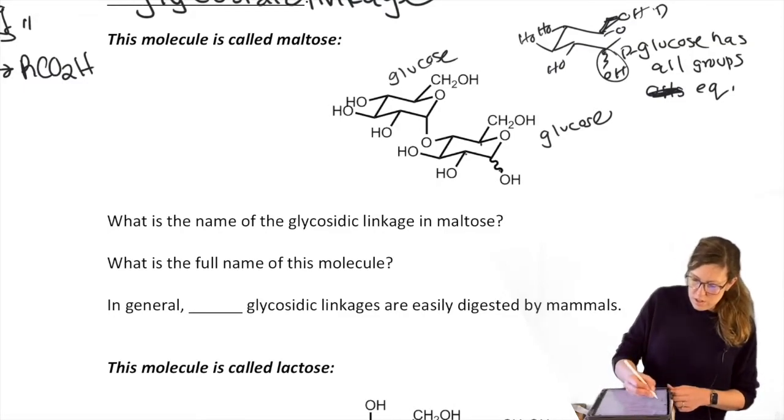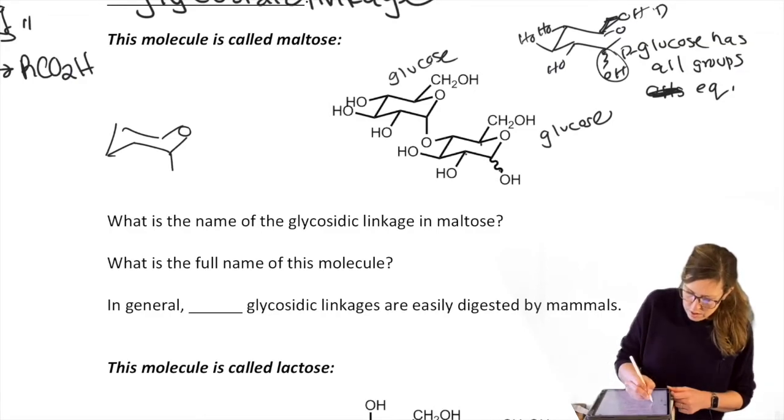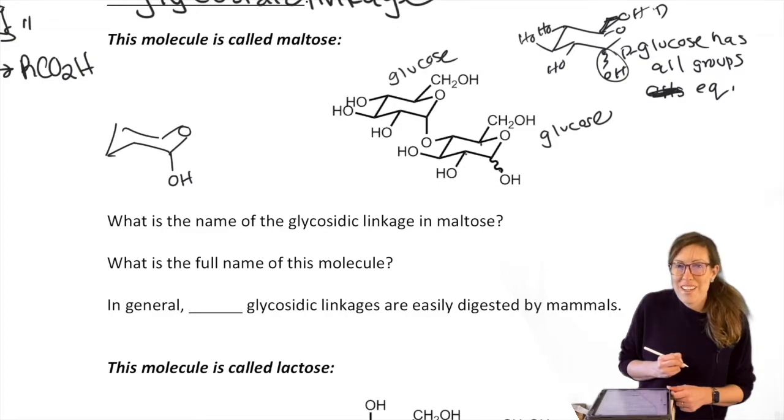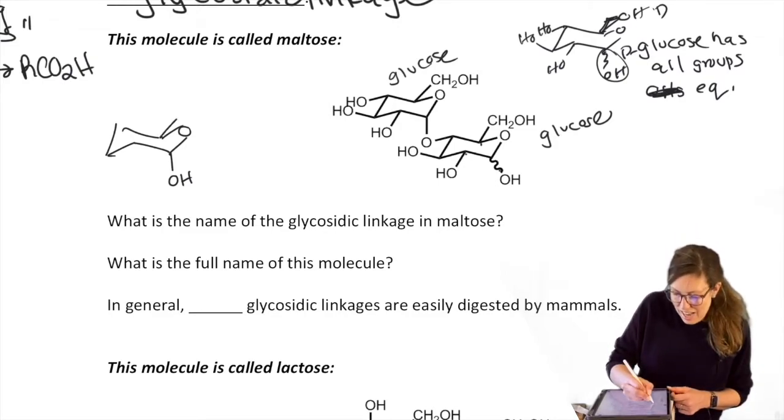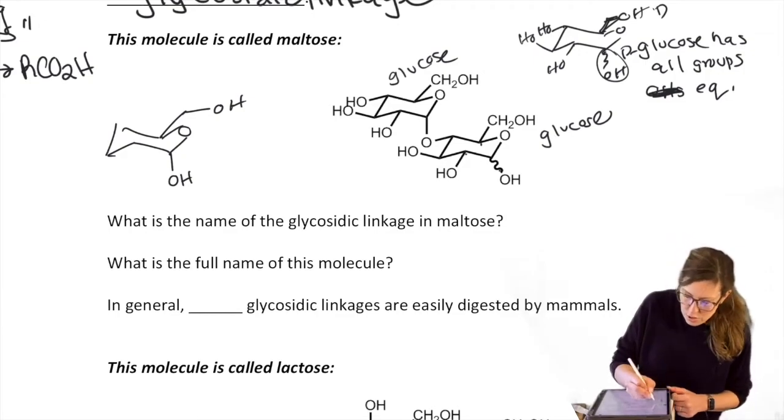So in other words, I'll take my glucose, and it looks like I was using this alpha version, right? Because the axial is in a trans orientation to the CH2OH. And then I have the rest.